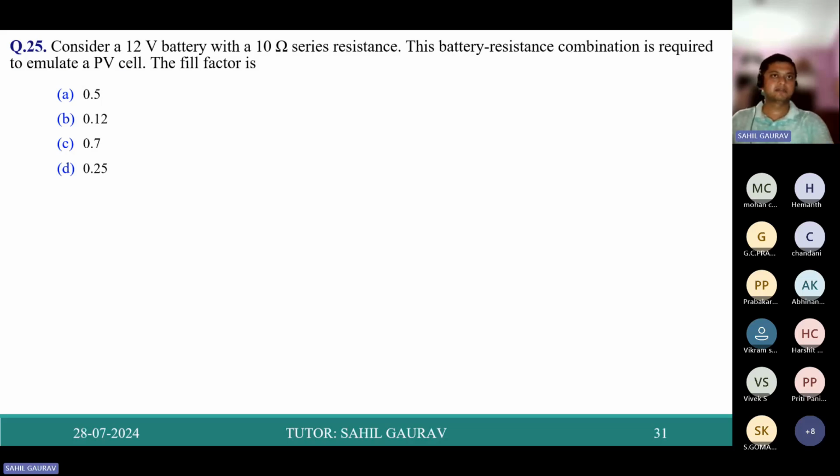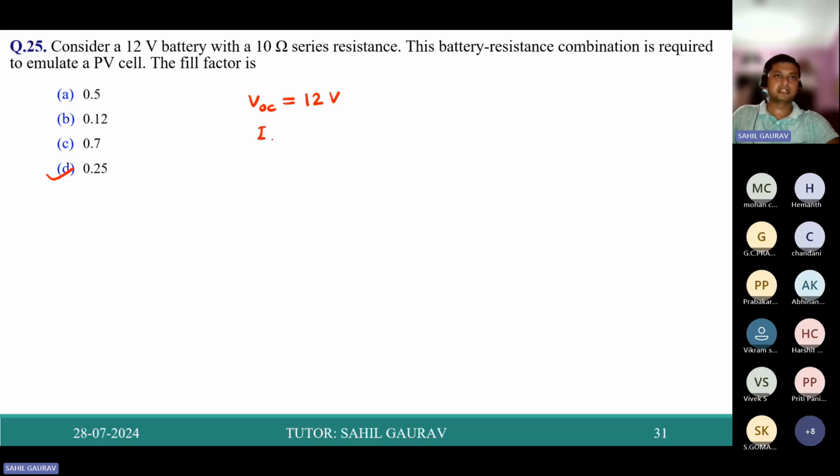Now coming to the next problem. Consider a 12 volt battery with a 10 ohm series resistance. This battery resistance combination is required to emulate a PV cell. The fill factor is? So the similar type problem. You can directly give the answer as 0.25. But if you want to derive it, it is very simple.